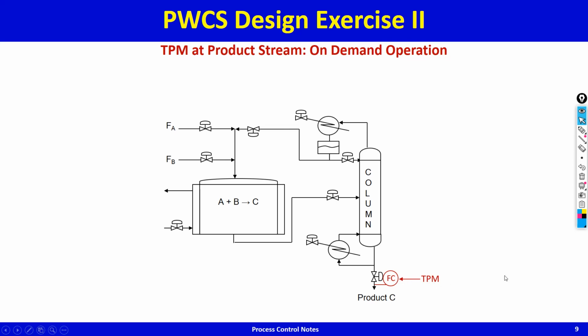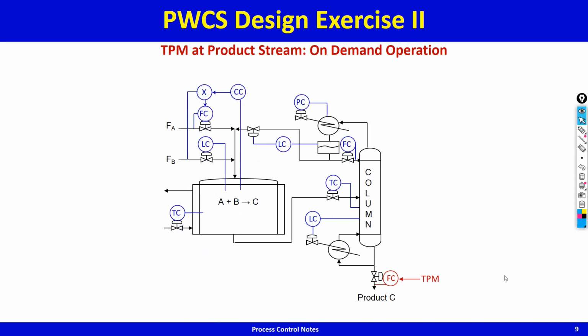And now that the throughput manipulator is at the product stream, level control will have to be this way, temperature control will have to be that way, everything else is the same. Of course, optimal operation would be the same thing: level should be maximum, reactor temperature should be maximum. And then again you are left with these 2 set points that are unconstrained. How do we choose their values?